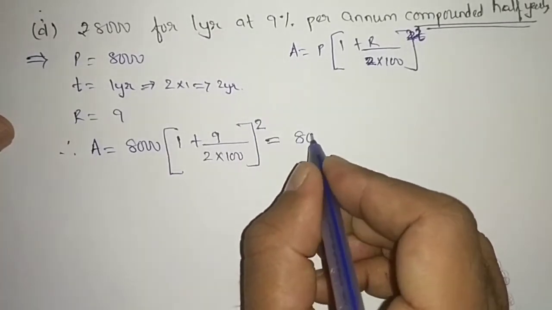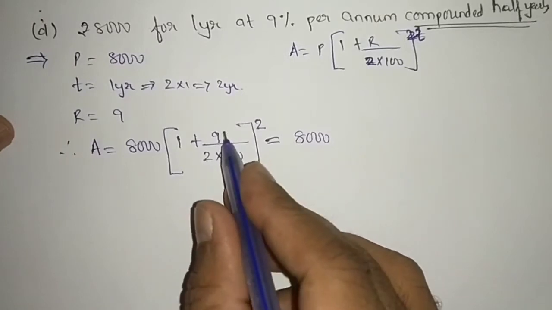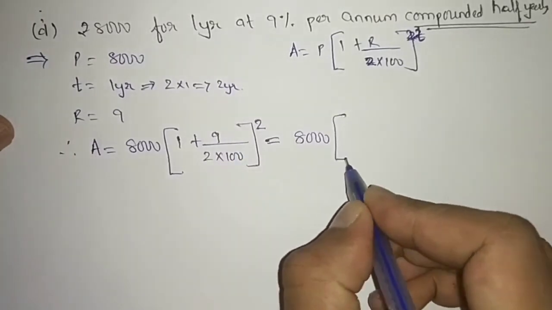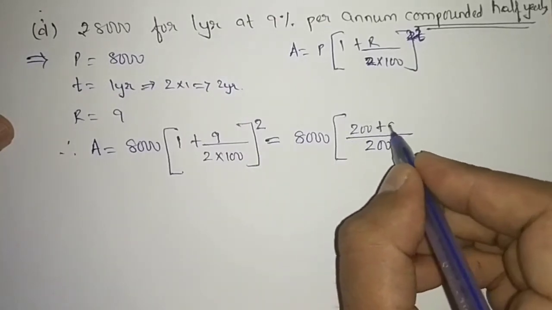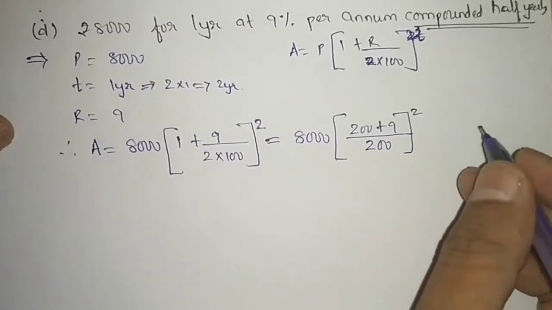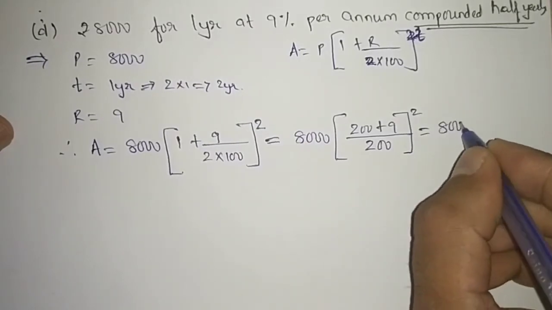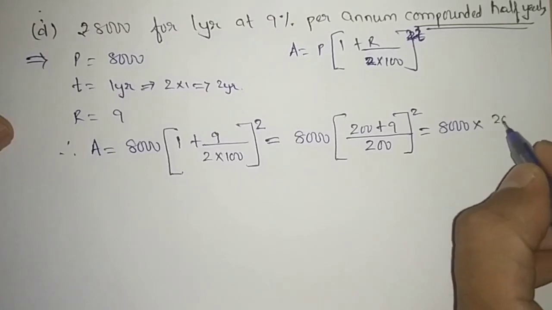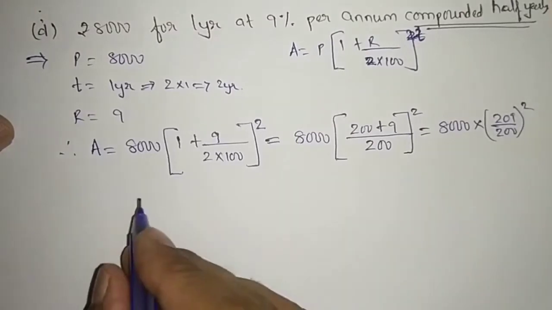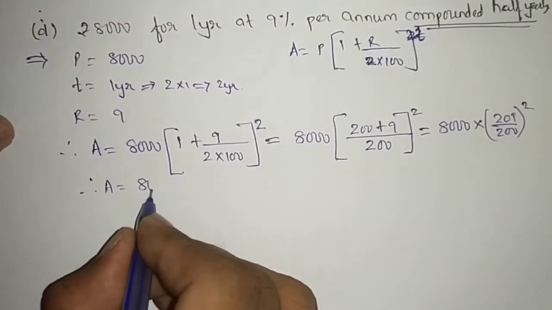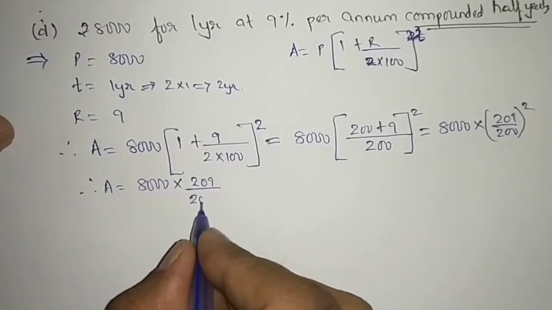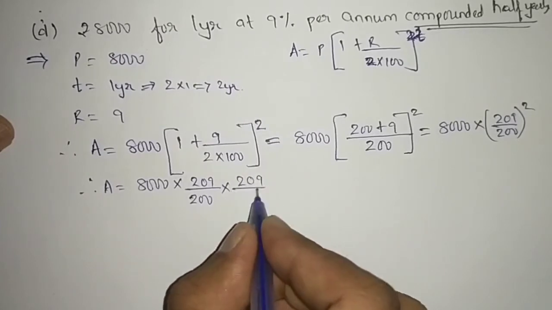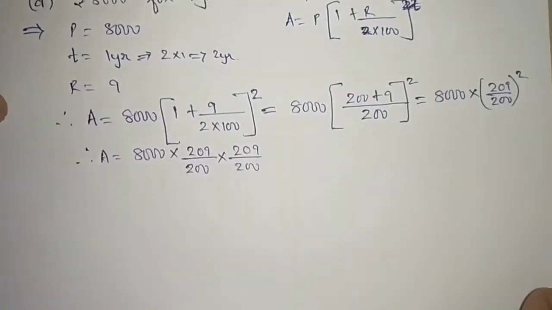Solving further, 8,000, here no cutting is done, so we will take 200 as LCM, multiply it by 1, so we will get 200 plus 9 whole square, which is equal to 8,000 into 209 divided by 200 whole square, which I can write amount is equal to 8,000 into 209 divided by 200 multiply by 209 divided by 200.